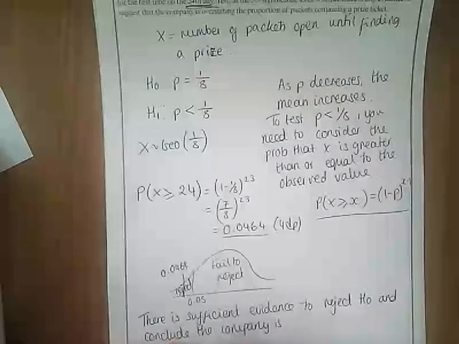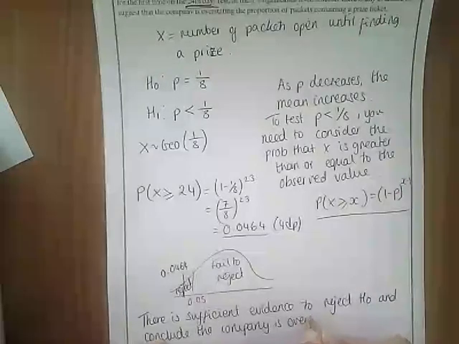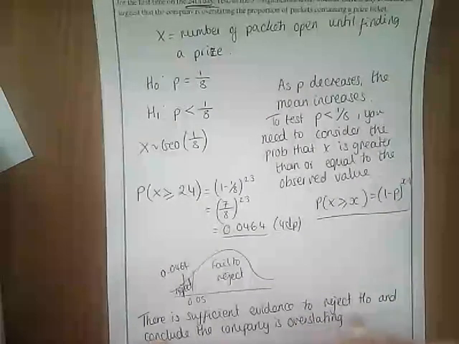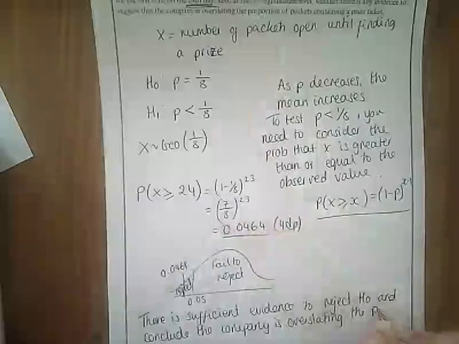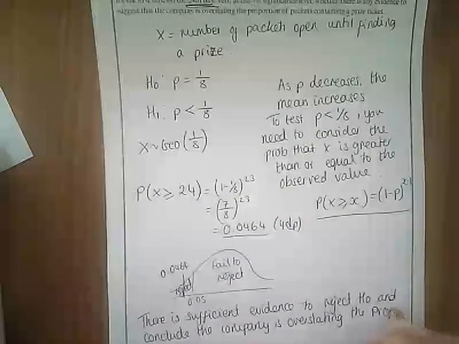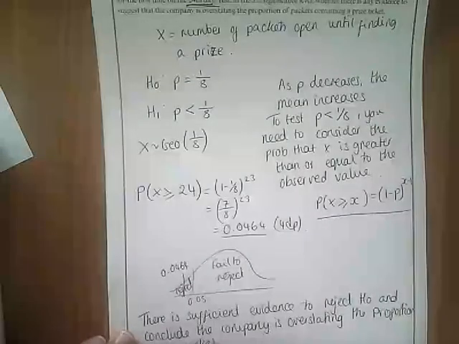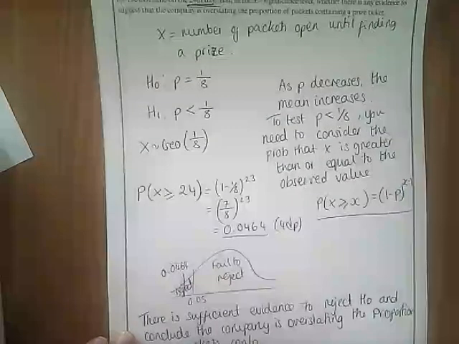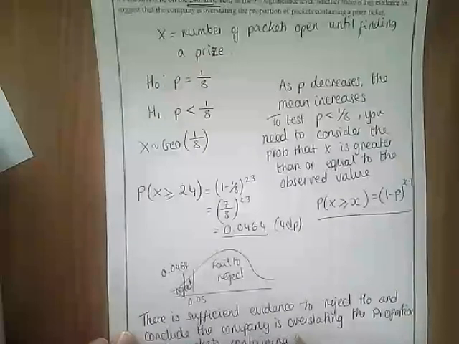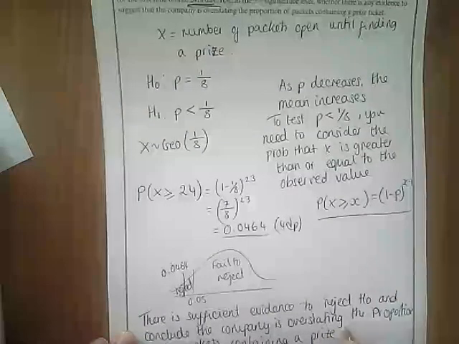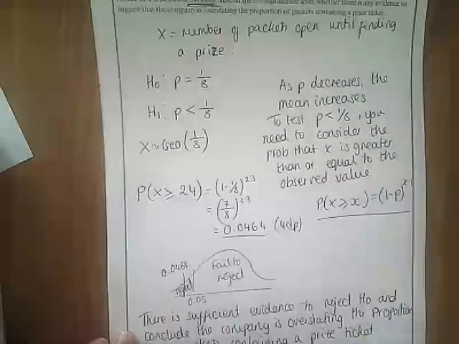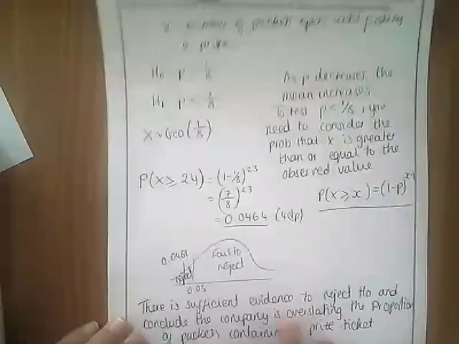We conclude the company is overstating the proportion of packets containing a prize ticket. Hopefully that seems really obvious because 24 is a lot bigger, but anyway, that's that one done.